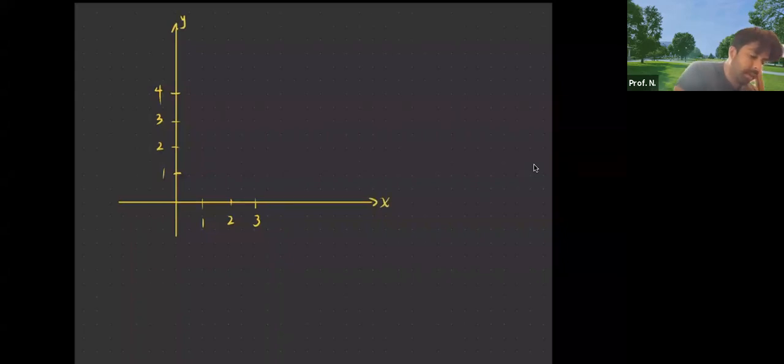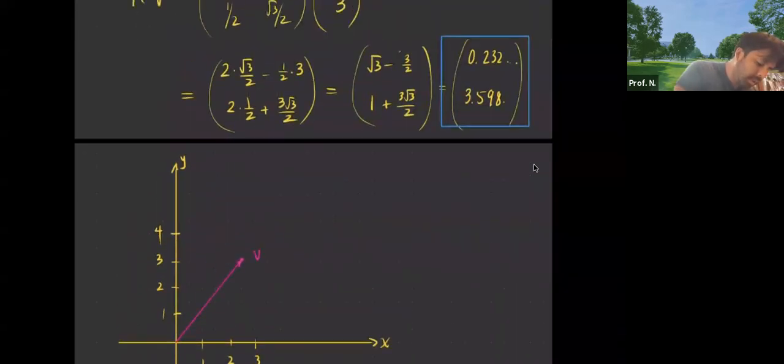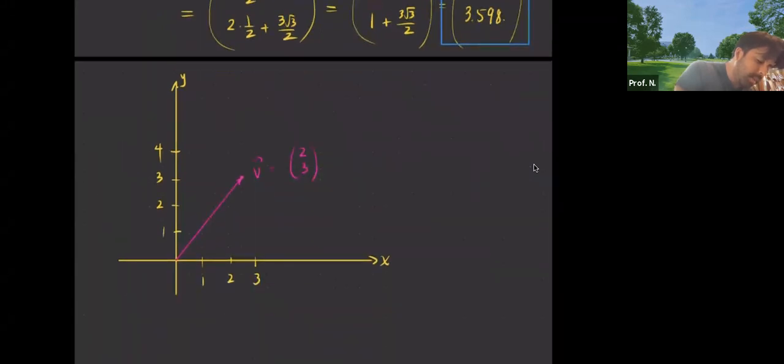So the original vector is 2, 3, something like this. And this is v. And then my other vector would be 3.6 around, somewhere right here, and 0.2 somewhere here. So my new vector will look something like this.